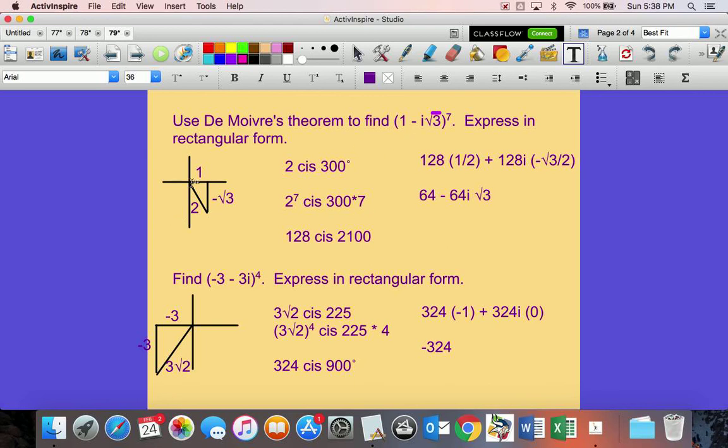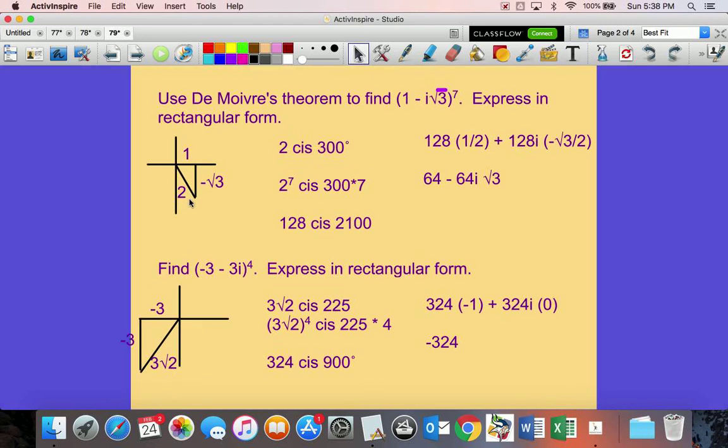We come to the right 1 and then down negative square root of 3. And then we see that this ends up being a 2 here because we have a 30, 60, 90 triangle. Since our reference angle is 60, we have to find the entire angle here, which would be 360 minus that 60 to get 300. And our hypotenuse is always that number out in front. So this 1 minus i square root of 3 ends up being the same as 2 CIS of 300.